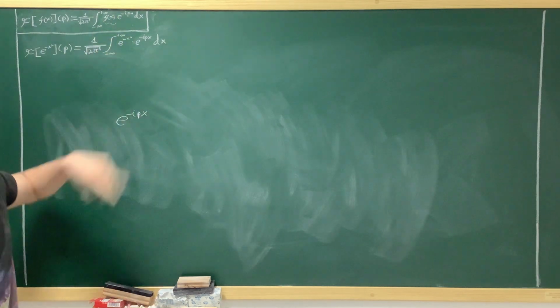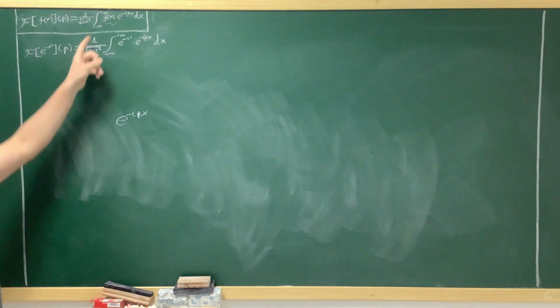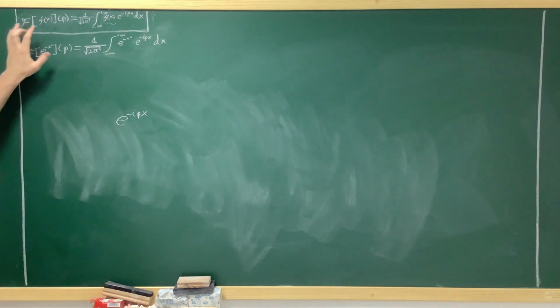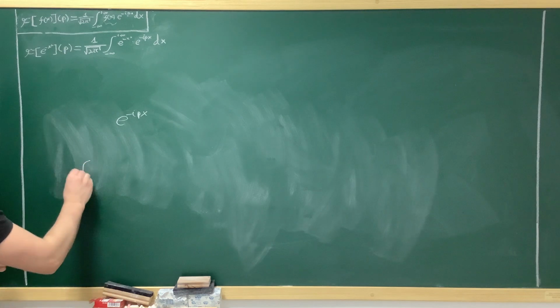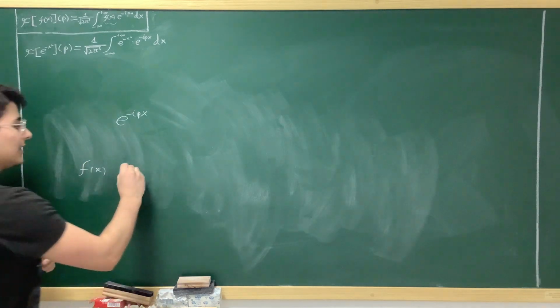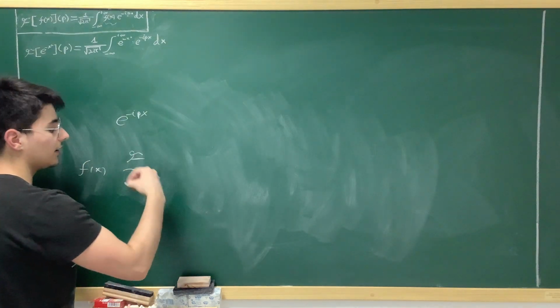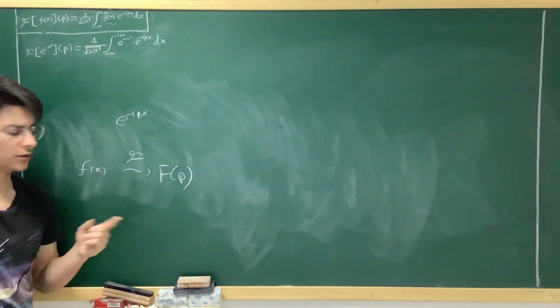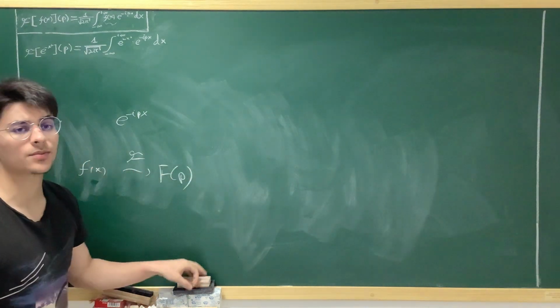We're integrating with respect to x. Notice that if we integrate with respect to x, we get a function of p. As I said, the Fourier transform takes a function from the x world into the p world. In this case, x is position and p is momentum.